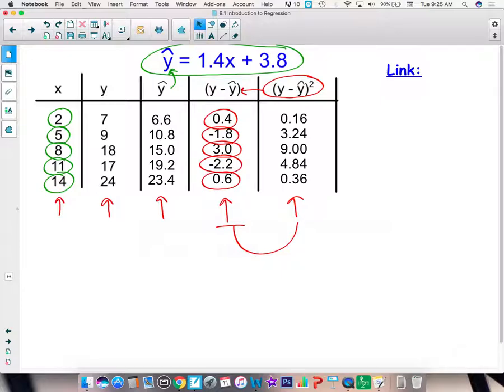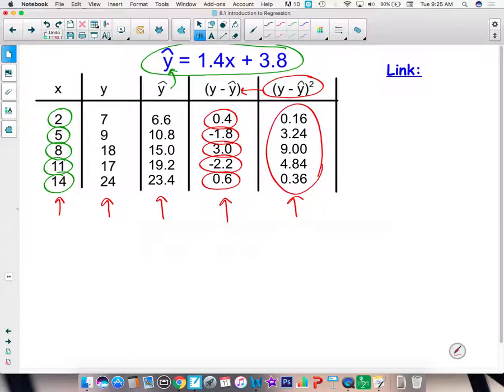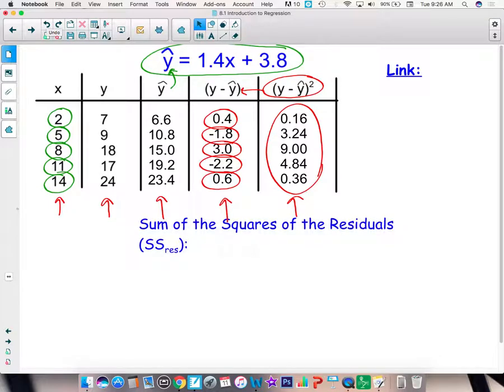So now what I want you guys to do is add all these together. Okay, just put all those values and add them together in your calculator. So when you add them together, that should give us the sum of the squares of the residuals. Okay, so 0.16 plus 3.24 plus 9 plus the rest gives you 17.6.